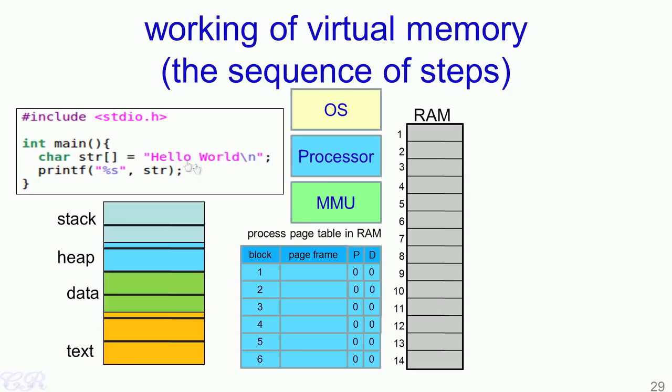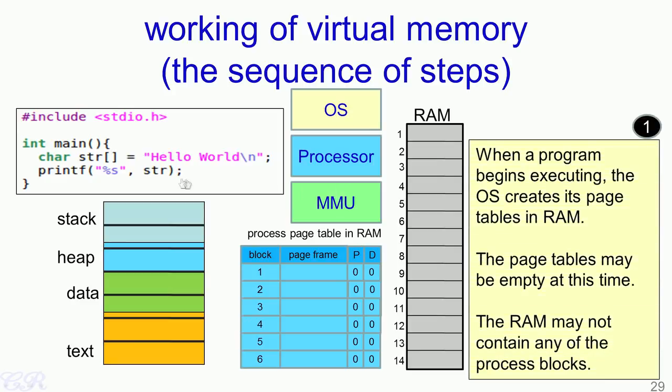So, let us say that we have started to execute this program, and this particular line in the program is the first instruction being executed. Now, let us see the sequence of steps that occur as the program executes. When the user runs this program, it triggers the operating system to create this process page table in RAM.